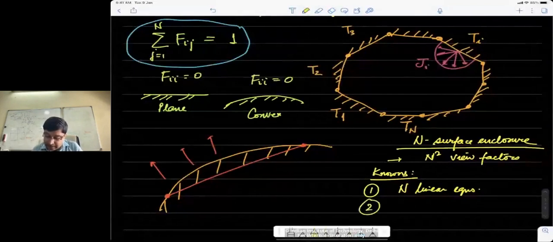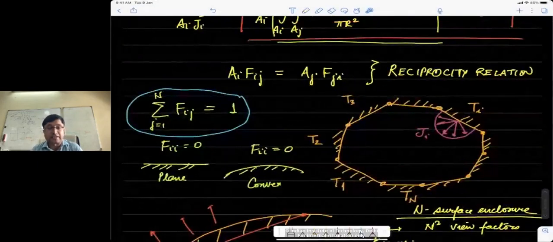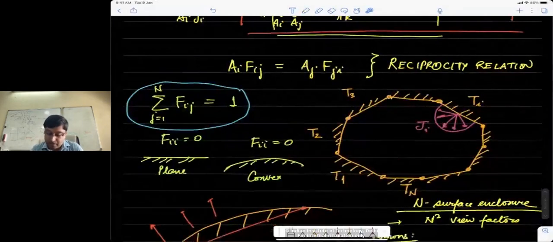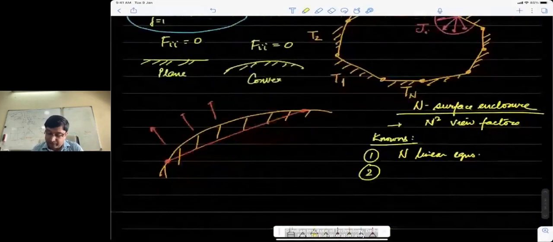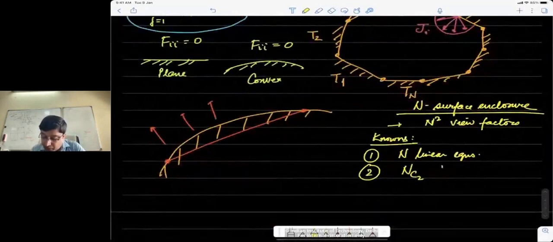The second thing that we can use in addition to these n linear equations will be the reciprocity relation. The reciprocity relation is a relationship between these Fij's, showing that they are not all independent. So we will have NC2 number of relationships between view factors from the reciprocity relation.